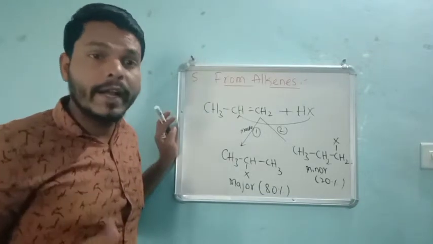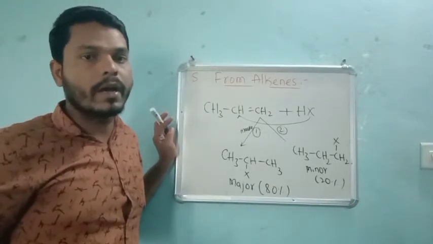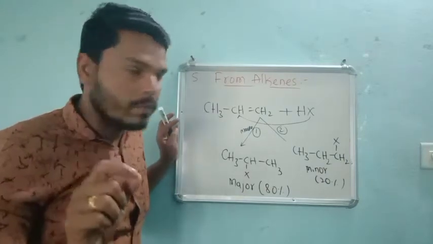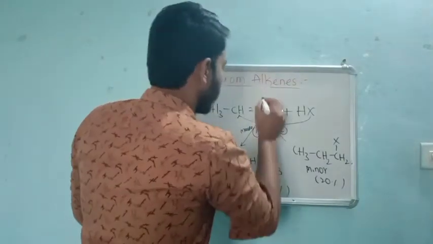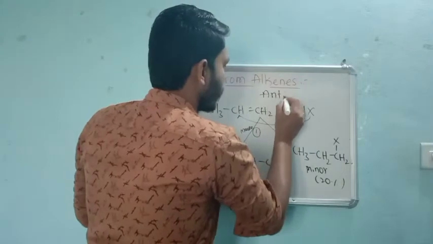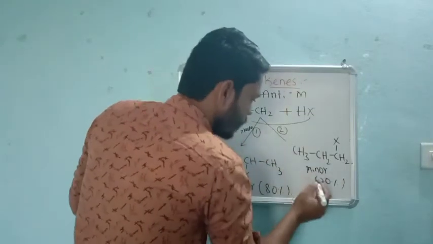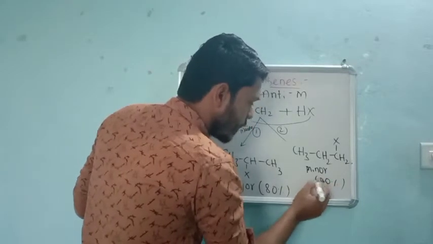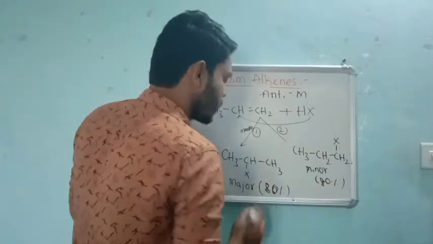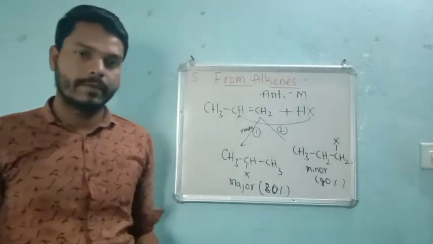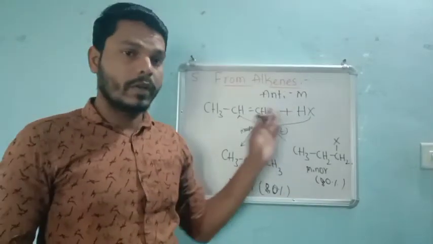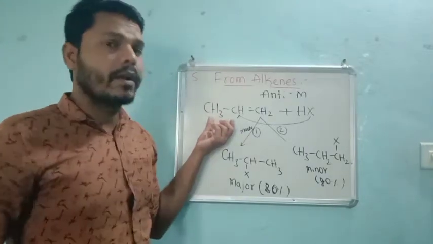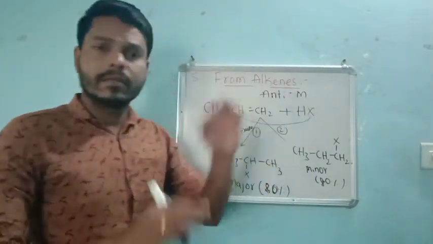I'm talking about anti-Markovnikov rule: this becomes 80% and this becomes 20%. Anti means opposite of Markovnikov. But we use an unsymmetrical alkene and the negative part, same to same.